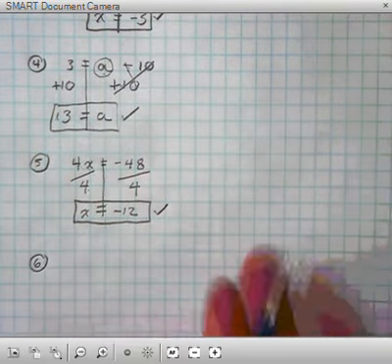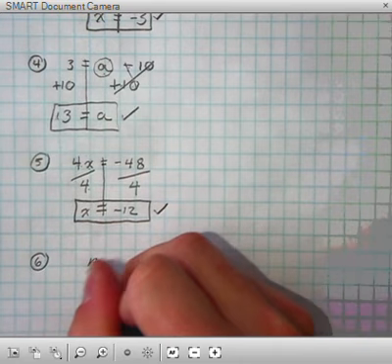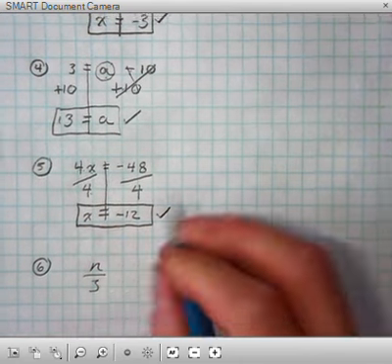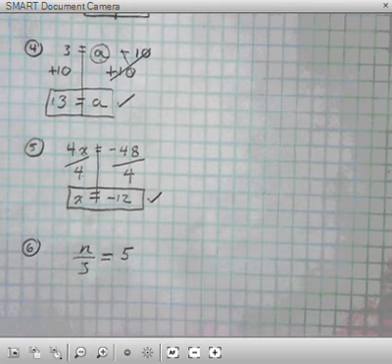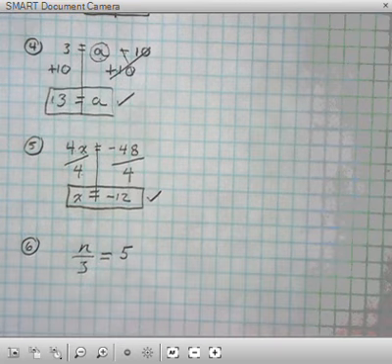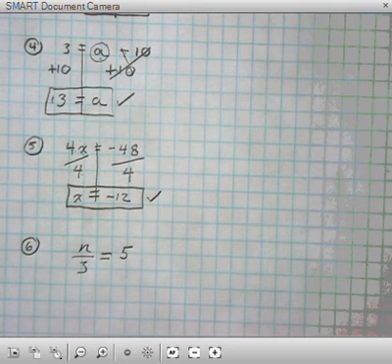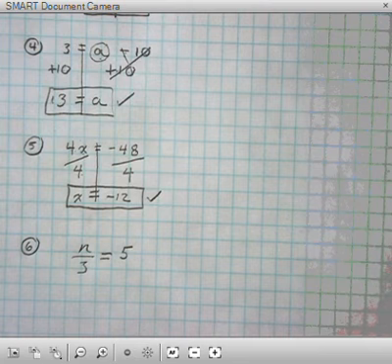Your last example. Let's do n over 3 equals 5. Now that's written as a fraction, but what operation is that?